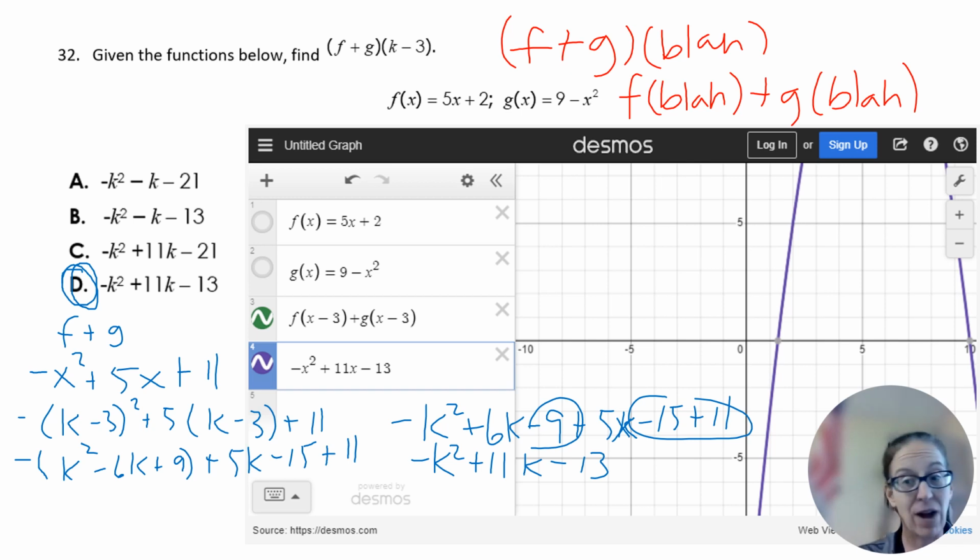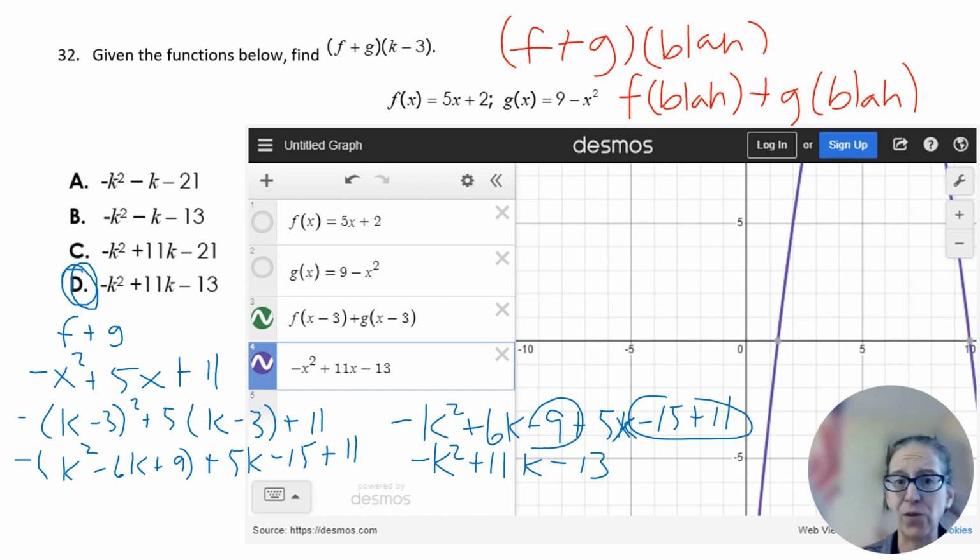So I would recommend Desmos for this problem, but as I said at the very beginning, I would also recommend you start this one and come back to it, because we do have faster problems that we can do much quicker. We're going to see some faster problems coming up really fast. You don't want to scramble too much on this, but do make your notes: f plus g, and then in this case, x minus 3.